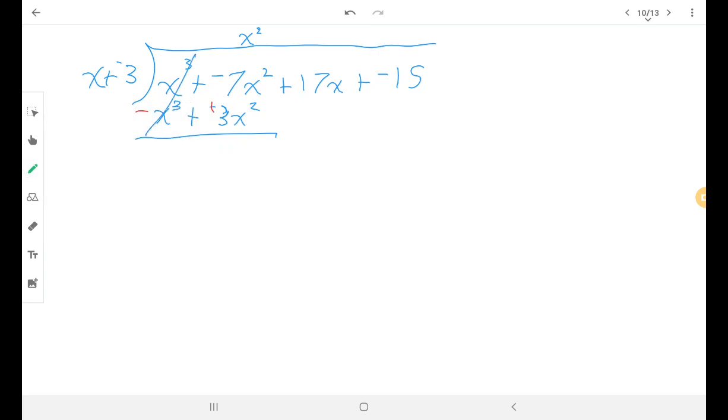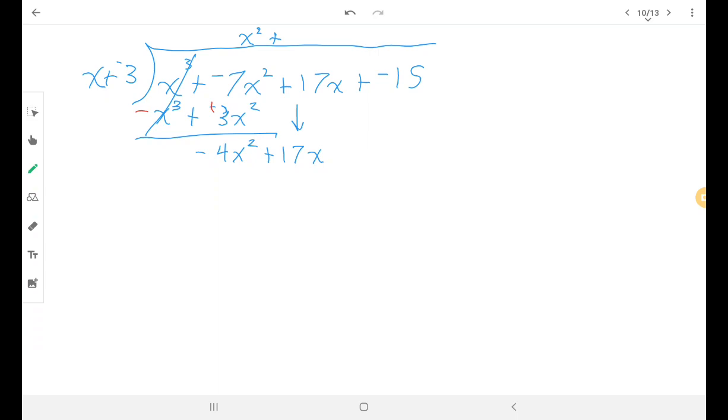Those cancel, that's how you designed it, and then negative 7x squared plus positive 3x squared is negative 4x squared. Bring down the plus 17x, put a plus, and start over.